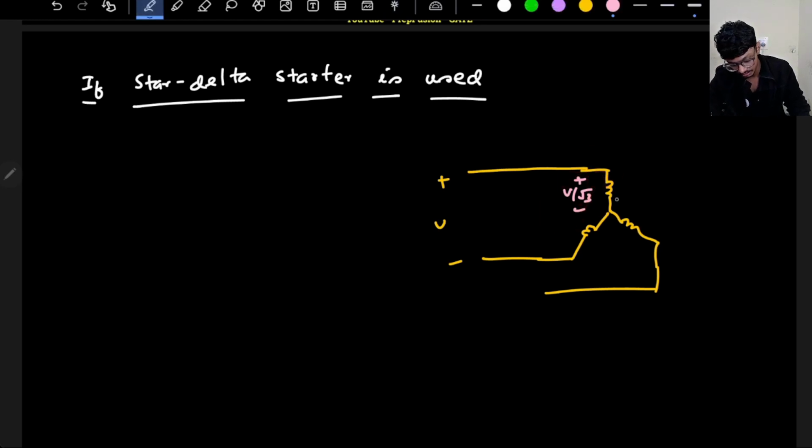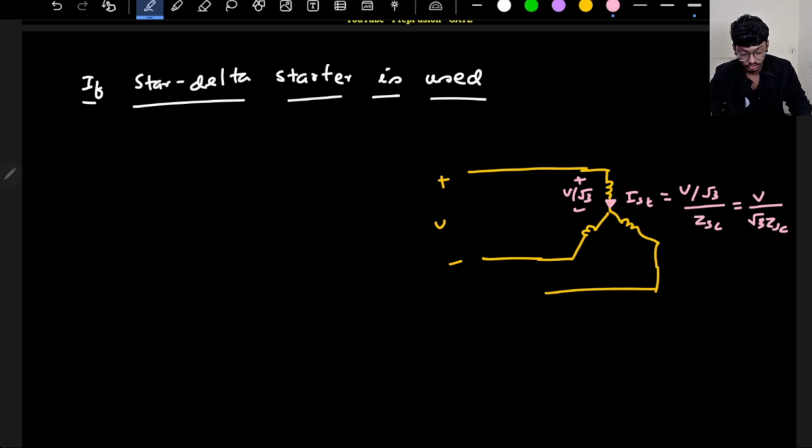So what will be the starting current? In star, the starting phase current and the line current are the same. It will be V by root 3 divided by ZSC, which is V divided by root 3 into ZSC.